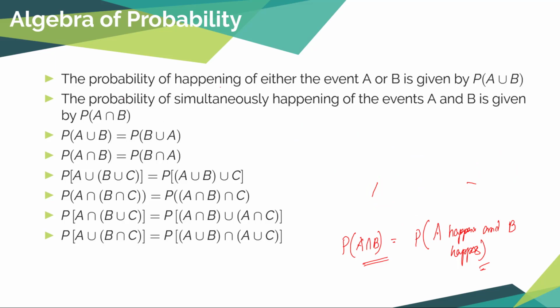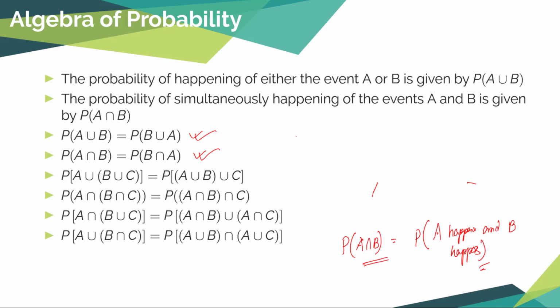Number 1, the probability of happening of either the events A or B is given by the probability of A union B. The probability of simultaneous happening of the events A and B is given by A intersection B. Then the probability of A union B is equal to the probability of B union A. It does not matter whether you write A first then B or B first then A. Their position does not matter. This is true for intersection also.